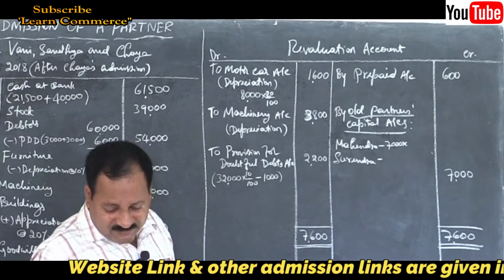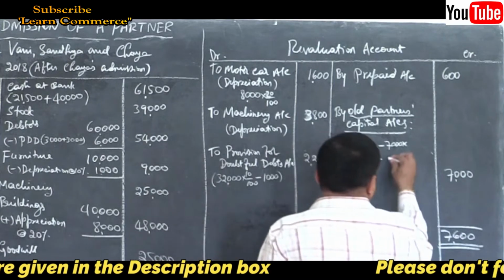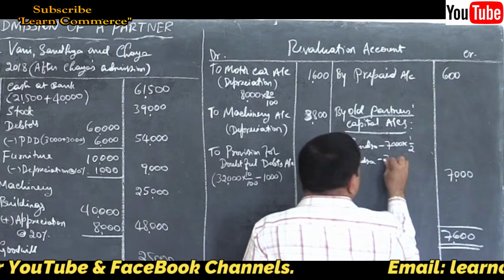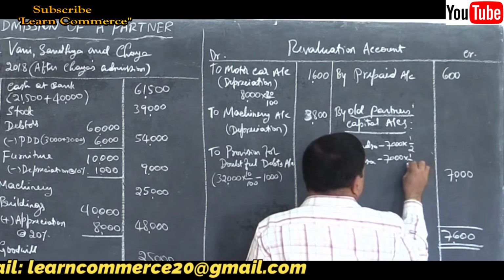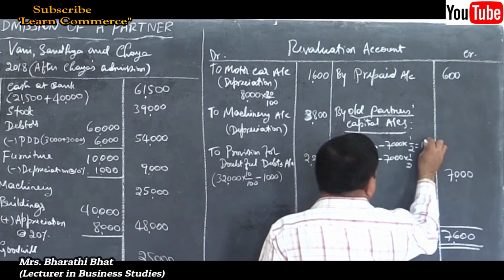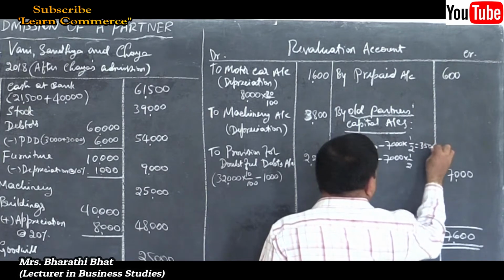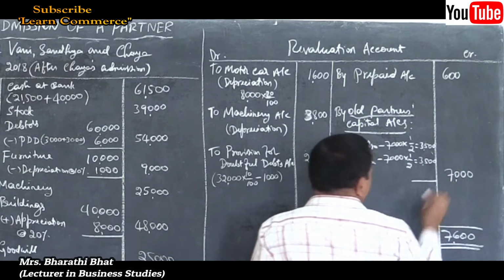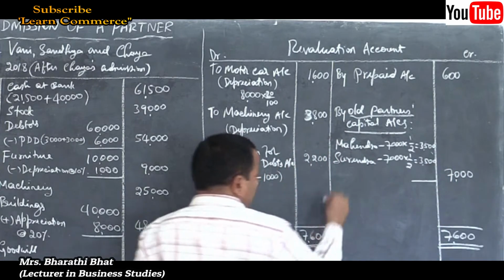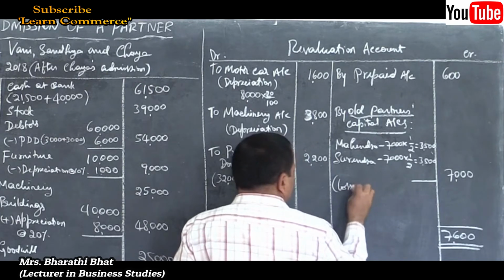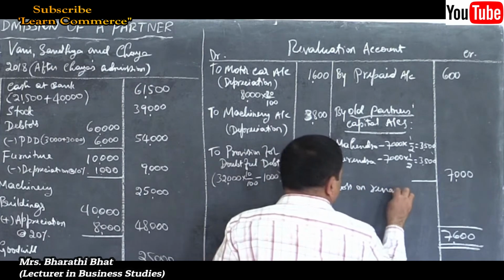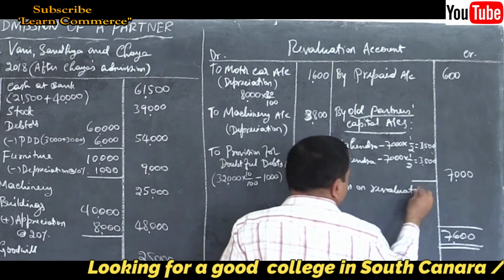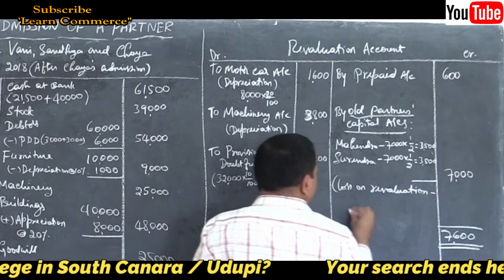They are equal partners, right? So 1 by 2, 1 by 2. So 7,000 into 1 by 2 is equal to 3,500 each. That's all. Right below that, loss on revaluation. Loss on revaluation, balancing figure.